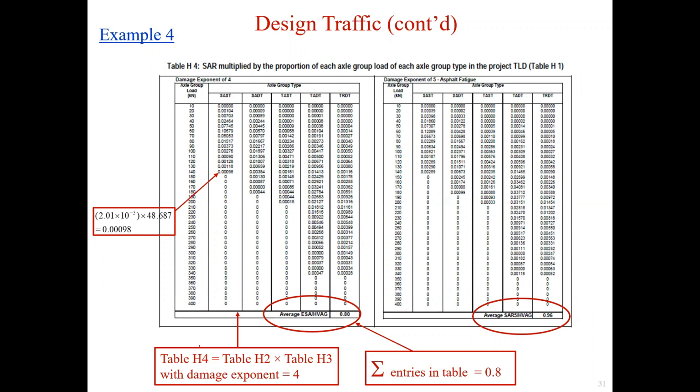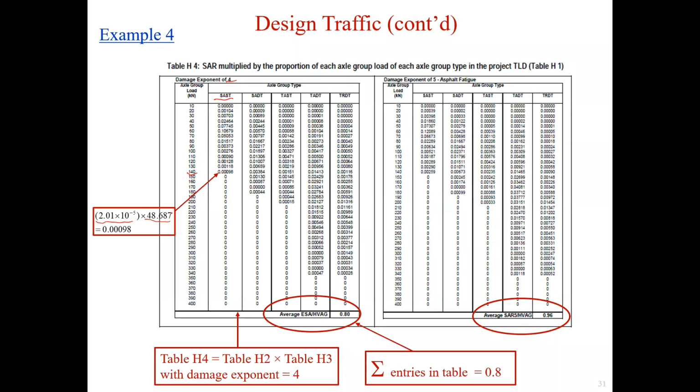140 kilonewton and actual group type of SASD and damage exponent of 4, the value is 2.01 times 10 to the power of -5 times 48.687.